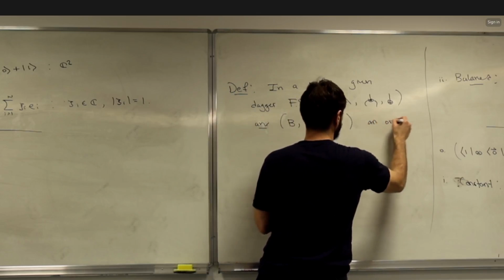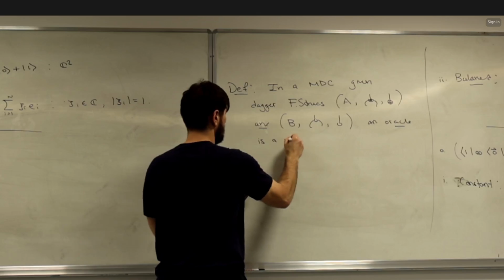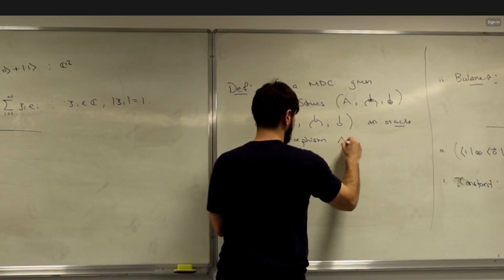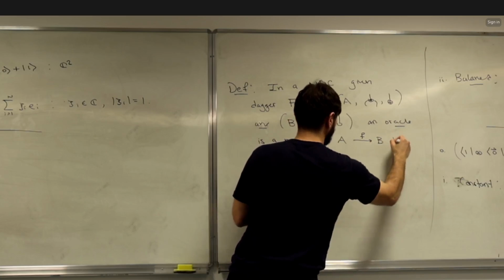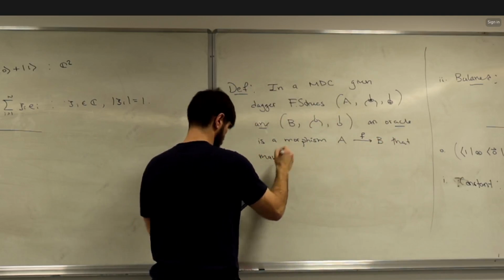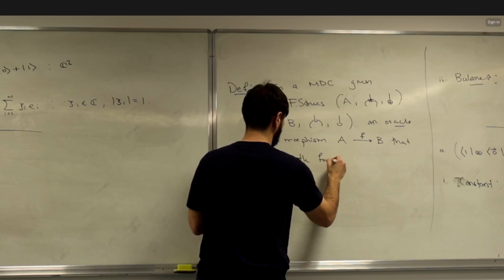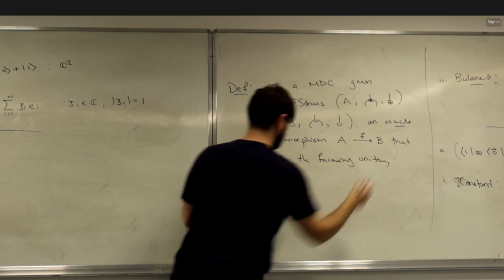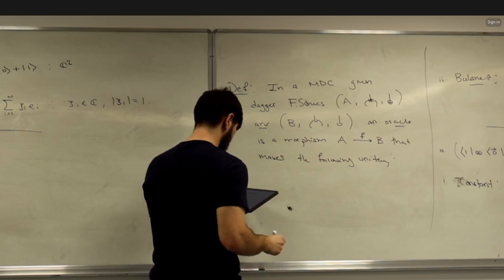An oracle is a morphism F from A to B that makes the following morphism unitary. So if we have something like this, by their dots you shall know them.